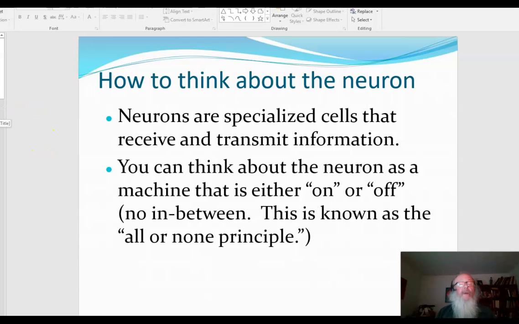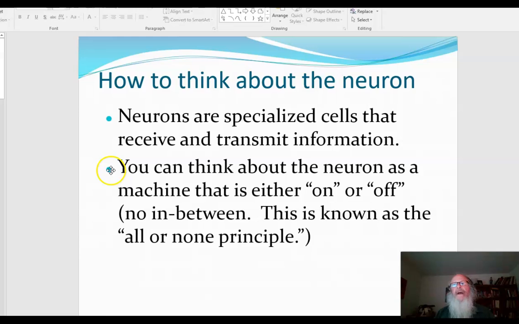And it is one particular type of cell called the neuron. Neurons are specialized cells that receive and transmit information. They are the communication networks that, while we are alive, keep our body and our brain running.